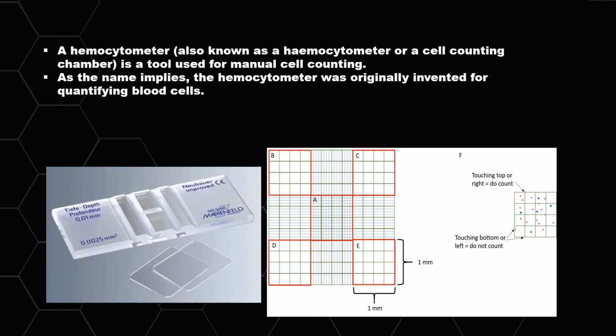So the next instrument is hemocytometer, which is also called cell counting chamber. It is a tool to count cells manually. As the name implies, the hemocytometer was originally invented to quantify blood cells.